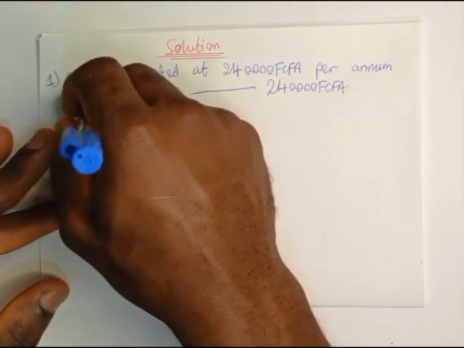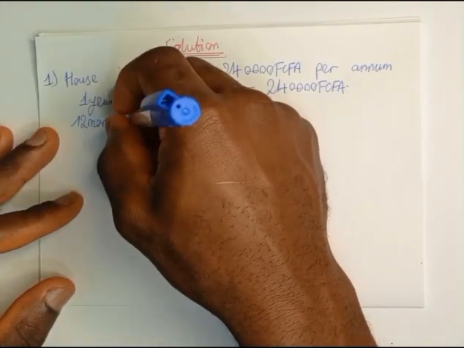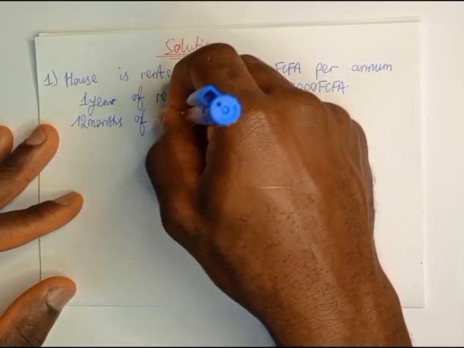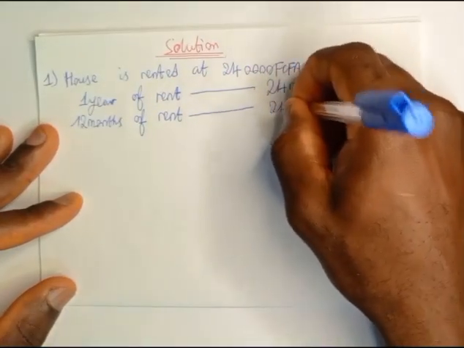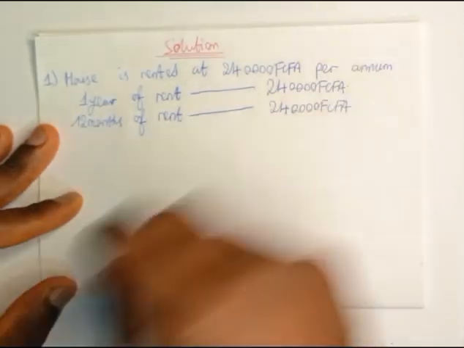We know 1 year is made up of 12 months. 12 months of rent of the house is 240,000 francs CFA.